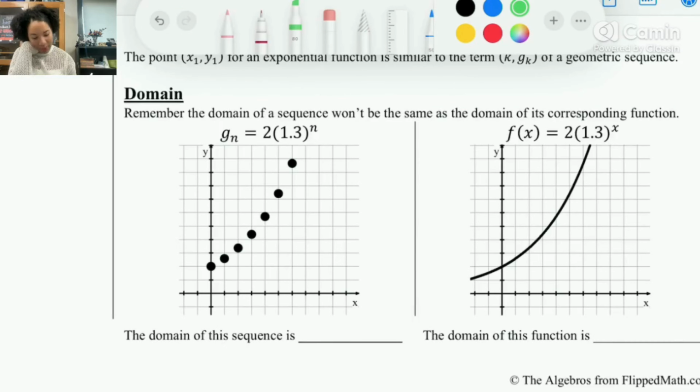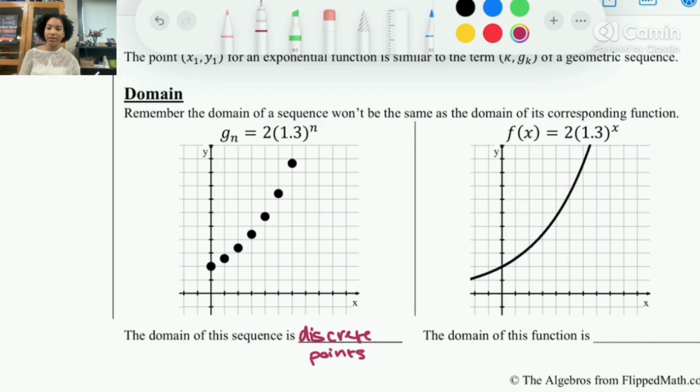So the difference between the domains of regular exponential functions and geometric sequences is that geometric sequences have discrete points. So what that means, let me fill this in really quick, is the geometric sequence is only going to have specific numbers.